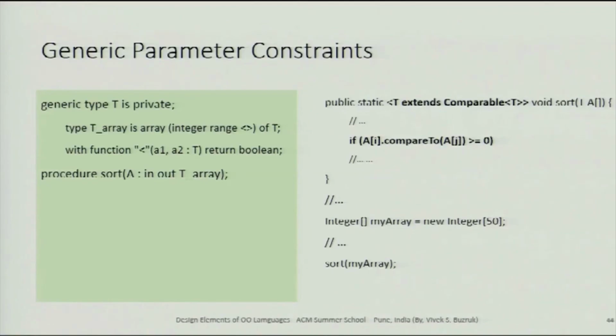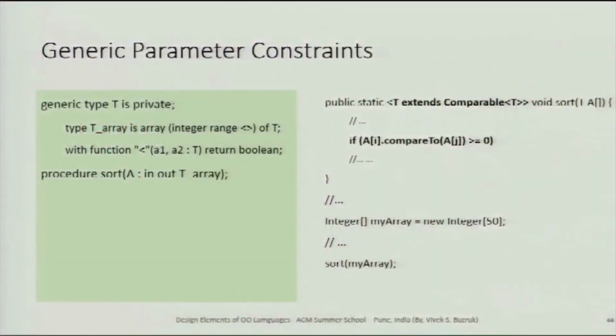Whereas in Java-like languages I can define that constraint, called bounded types, by saying that T extends Comparable. So there is a Comparable T, then only I can use the compare function, and that is basically the restriction.